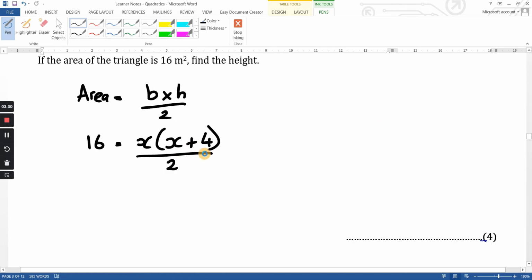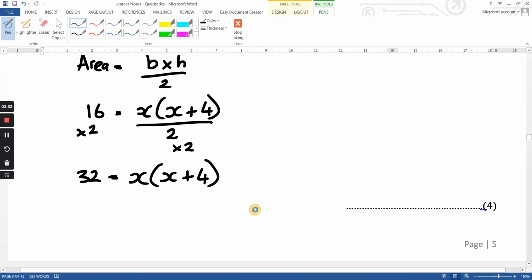We're going to have to solve this. We're going to have to work out what x is. So let's get rid of the fraction. I don't like the fraction being there, so I'll have to multiply by 2 here, and I'll have to multiply by 2 here as well. So I'll get 32 equals all of that. Let's get rid of the brackets. So I'll get x squared plus 4x equals 32.